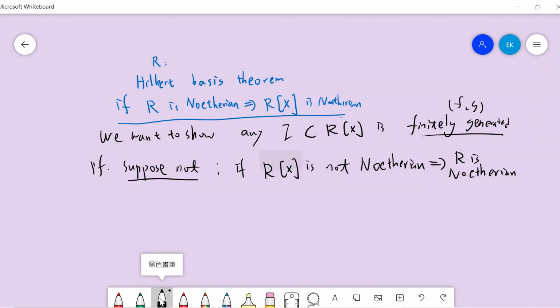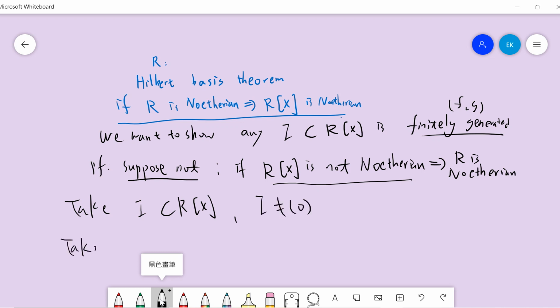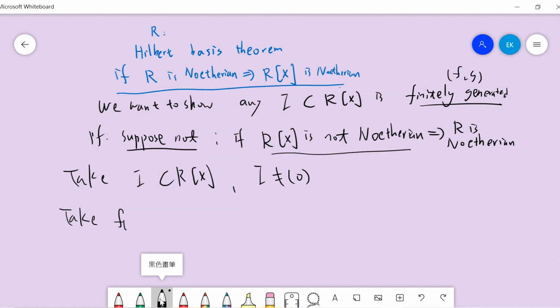So we take I in R[X] which is not finitely generated. Because R[X] is not Noetherian, I is non-zero, and I can first take f1 belonging to I, non-zero, with the smallest degree.